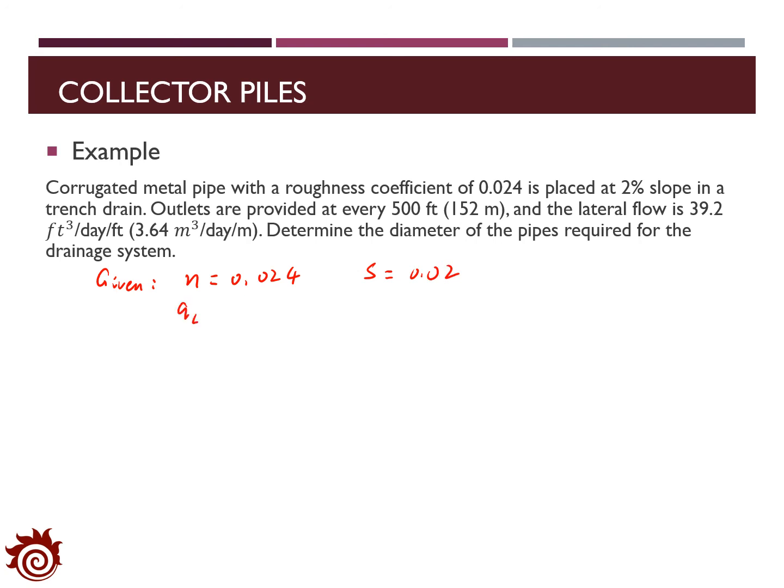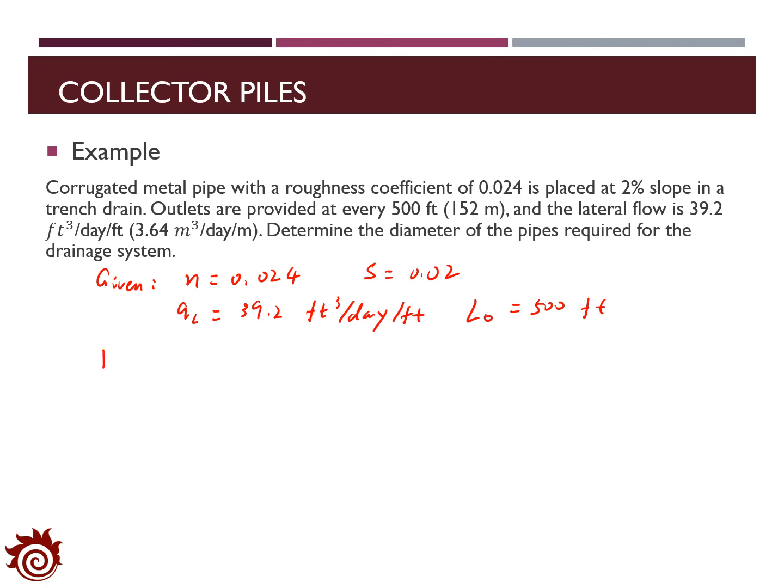The lateral flow rate is 39.2 feet cube per day per foot. And finally, we have L0 as 500 feet.